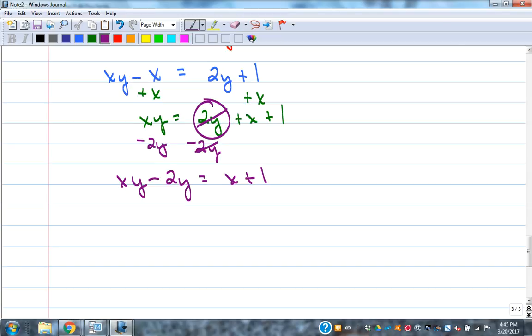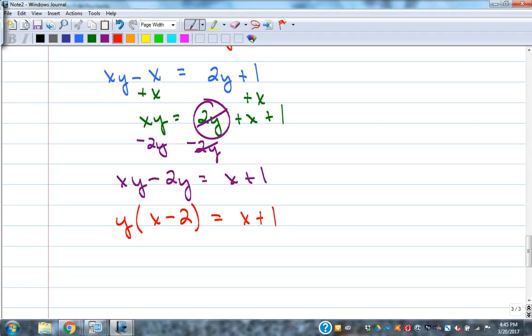Does anybody have any idea how I could do that on the left side? Greatest common factor. What do both of them share? Y. So the greatest common factor would be a y. So because the y is on both of them, I pull it out to the front, and that just leaves me an x minus 2 inside of there.